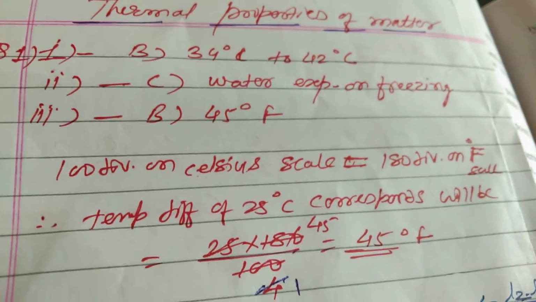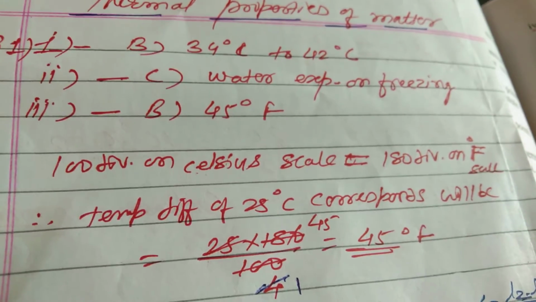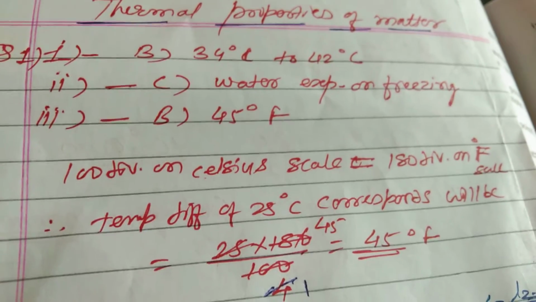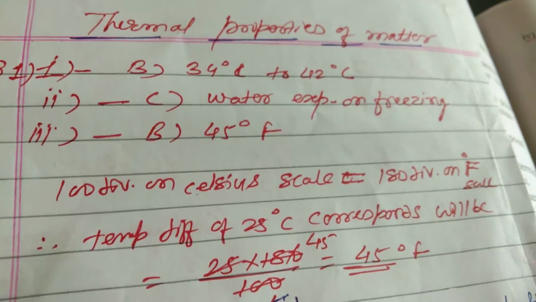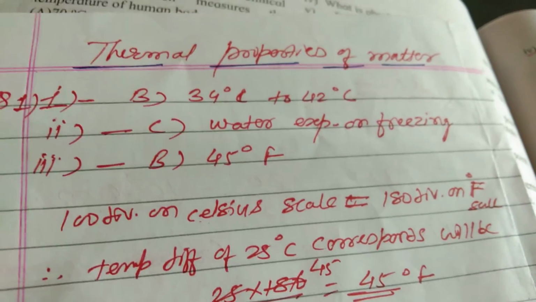When we cancel this, 25 times 4 is 100, and 180 upon 4, we get 45 degree Fahrenheit. So the correct answer is 45 degree Fahrenheit.